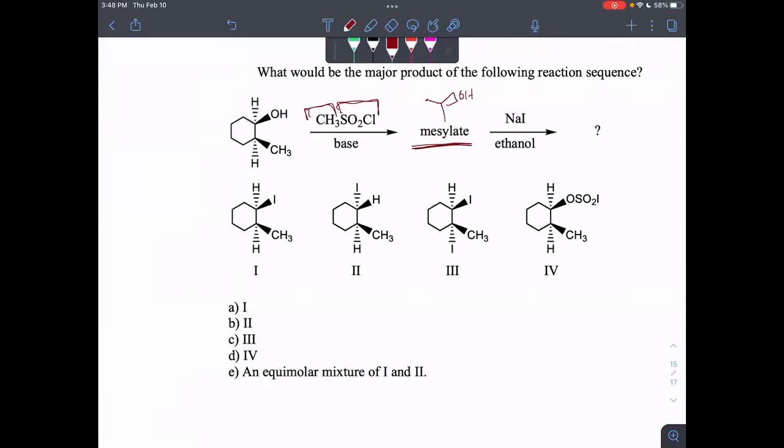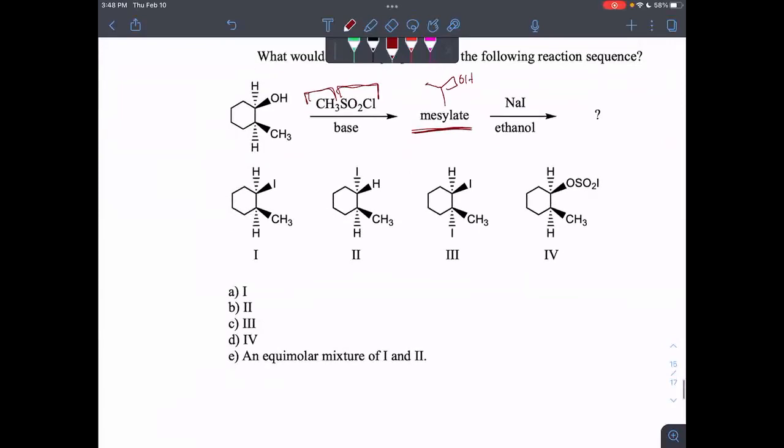And then we have NaI over ethanol. What reaction is that? Yeah, it's SN2, and that does what to stereochemistry? So what's your final product? Yeah, it's 2, because we end with an iodine replacing the alcohol, and it also inverted. That's only in 2.